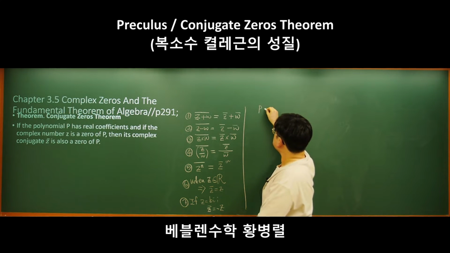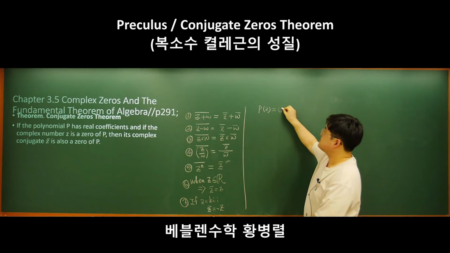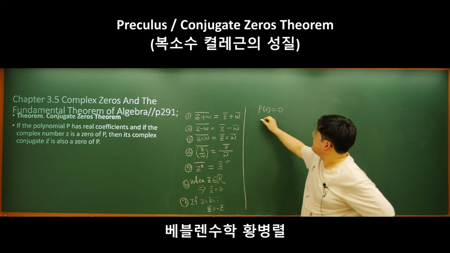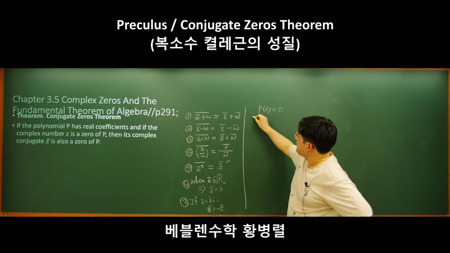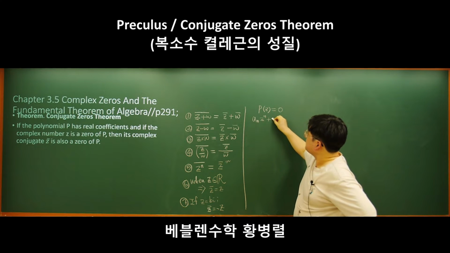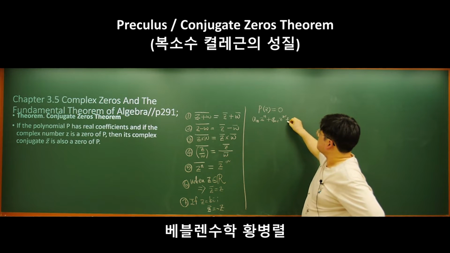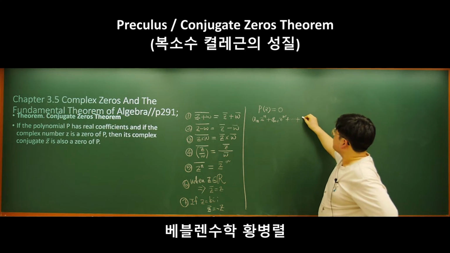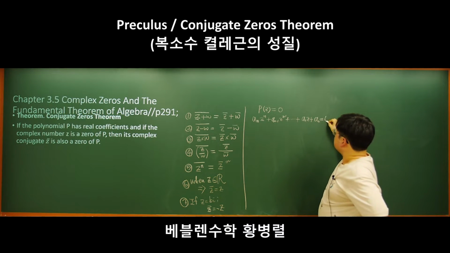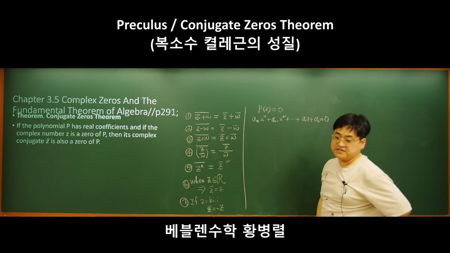P of z should be equivalent to 0 by assumption 2. Then this means a n times z to the nth power plus a n minus 1 times z to the n minus 1th power plus blah blah blah plus a 1 z plus a 0 is equivalent to 0, because z is a zero of polynomial p.